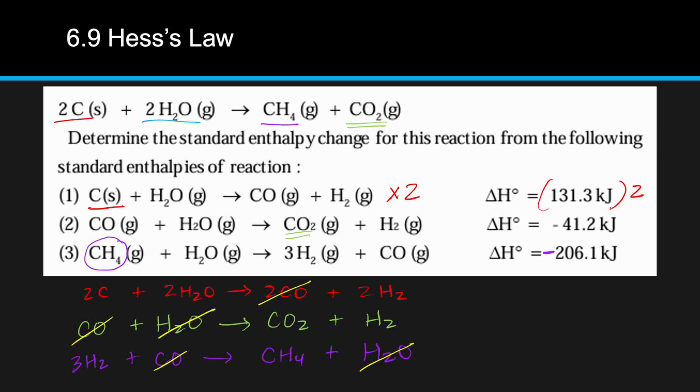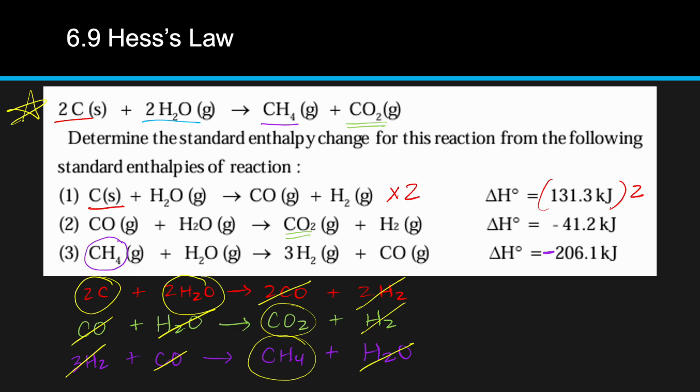So I'm going to cancel those out, and I'm left with 2. And then finally my H2s. So I have 3 H2s on the left, and I also have 3 H2s on the right. So I'm left with 2C plus 2 H2O reacts to form CH4 plus CO2, which is in fact our equation.